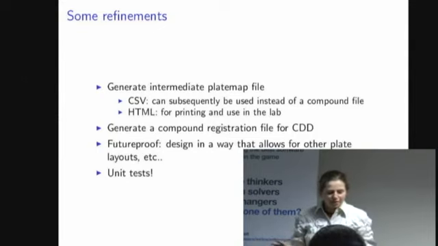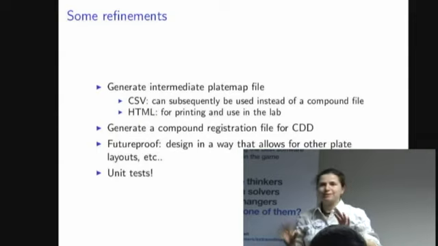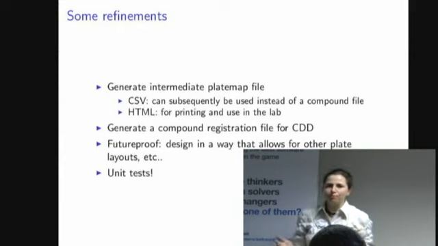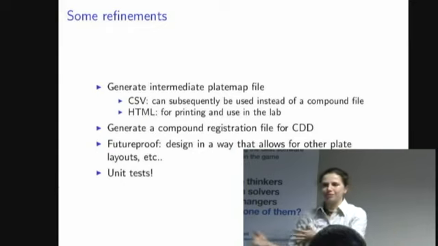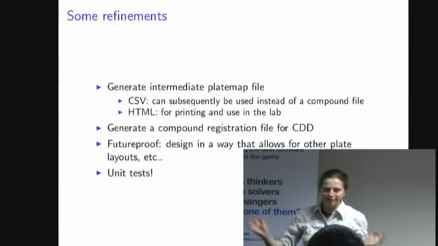So I haven't been terribly consistent, and there are various things which will have to be changed in the future, but I've tried to design it in such a way that it's not going to be very difficult to make adjustments and introduce more variables. And it goes without saying that unit tests are a good idea. So this started off as a very small piece of code, but as I added embellishments, it grew and grew and grew, and it's really helped that I had unit tests from the very beginning, because at every stage, when I added something, I had the security of knowing that I hadn't just broken everything else.